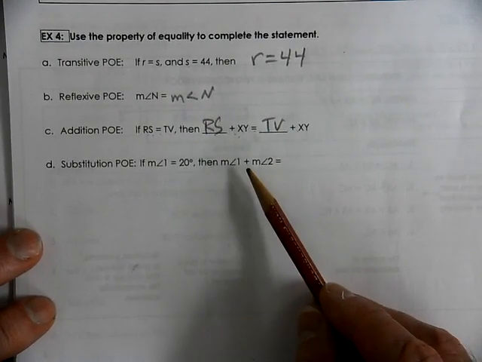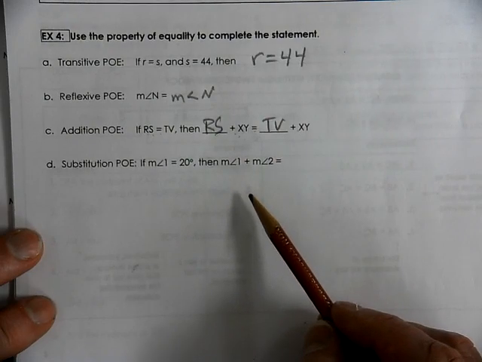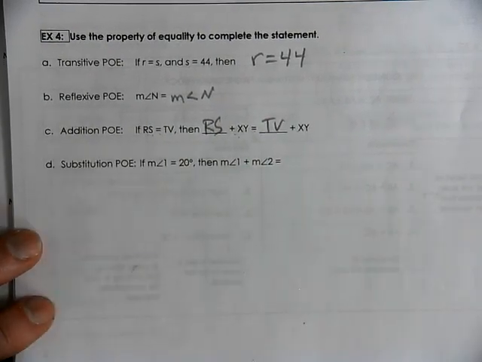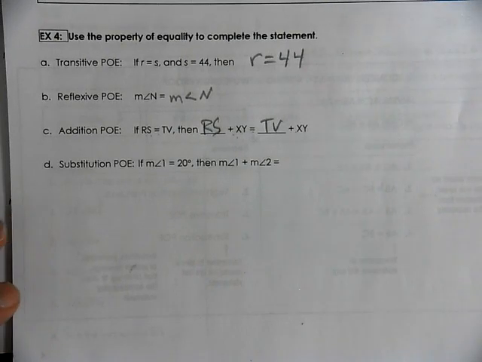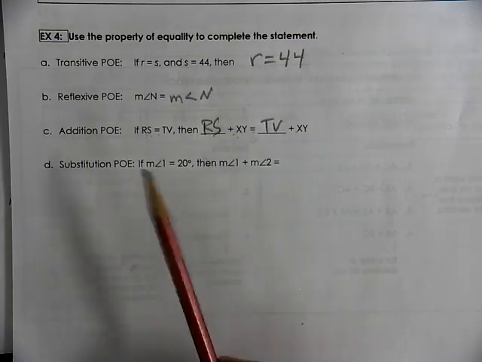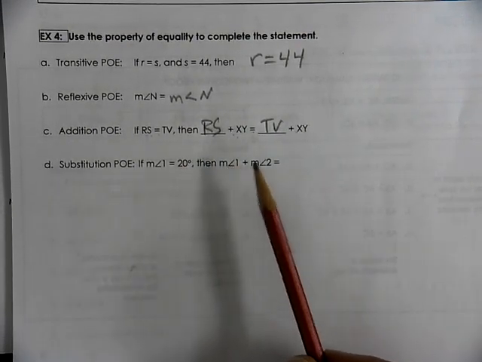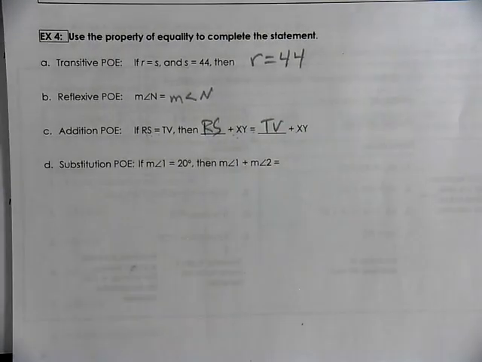What can we say as a new statement that would be supported using substitution? We're going to use substitution, so we have to substitute something. I know that the measure of angle 1 equals 20, and I know that the measure of angle 1 is being added to the measure of angle 2. So what is a new statement that we can say?